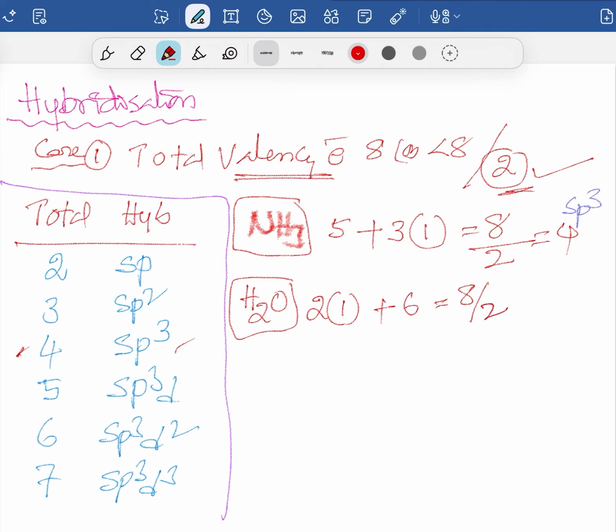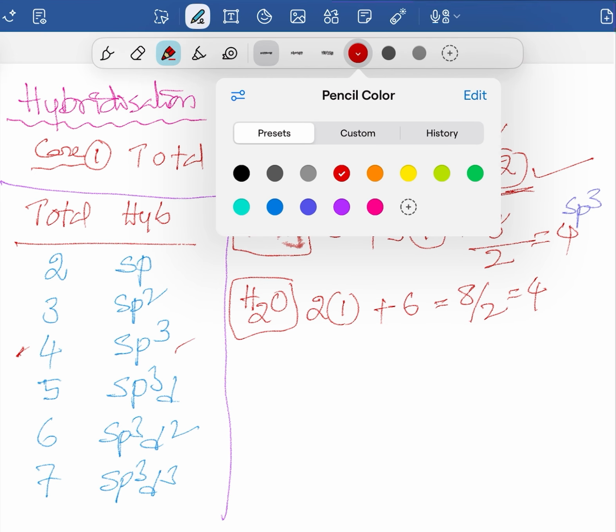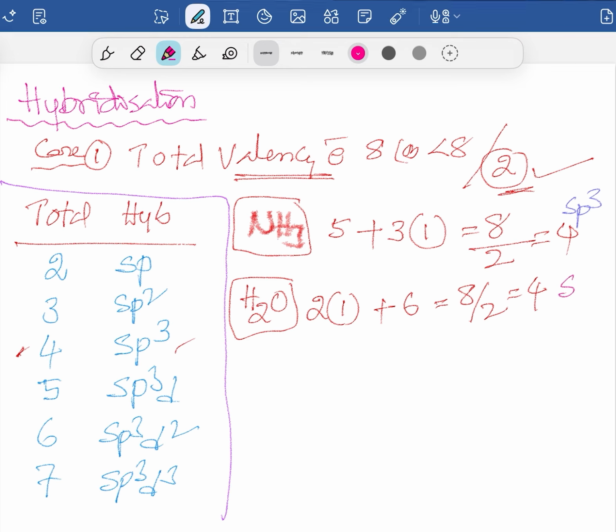It is also divided by 2, so the calculated total value is 4. The 4 is sp3 hybridization. So in the water molecule, the oxygen undergoes sp3 hybridization. Okay, next.